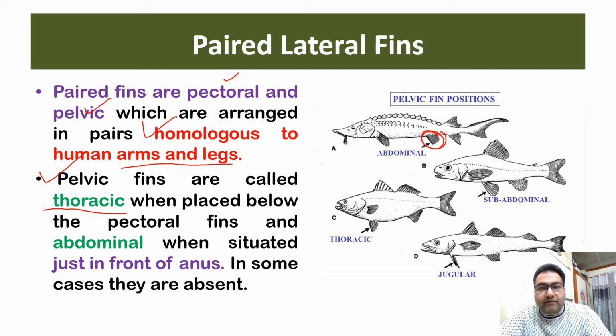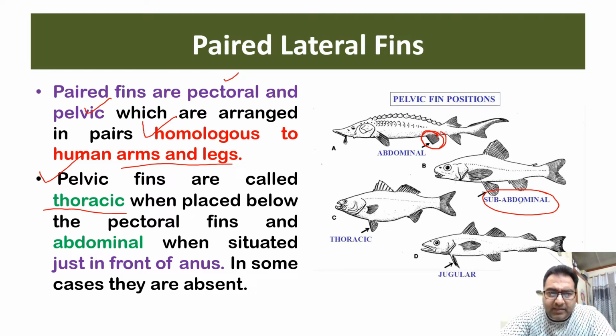Now pelvic fins are of different kinds. If they are just in front of the anus, we call them abdominal. If they are a little away from the anus, we call them subabdominal. If they are placed just below the pectoral fins, we call them thoracic. And when they are placed near the gills, we call them jugular.